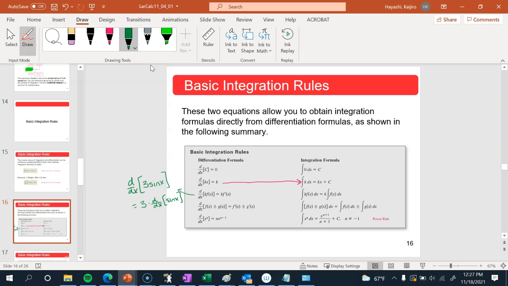You can freely move constant multiples into and out of the derivative. You can do the same for integrals.